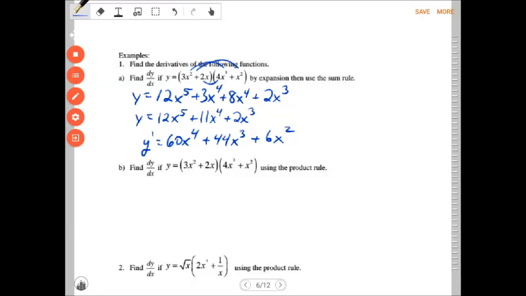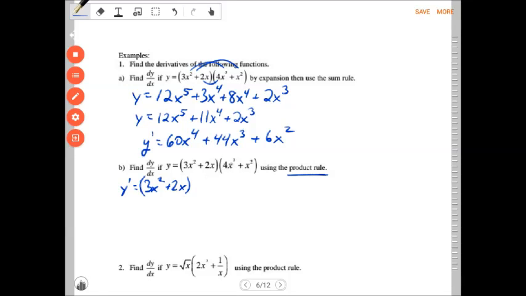All right. So basically, what's going to happen in B is now I want you to derive the same thing using the product rule, and we're going to compare the answers just to make sure that we're on the level. Okay, so remember product rule. It is the first function, so the first bit, 3x squared plus 2x, times the derivative of the second.